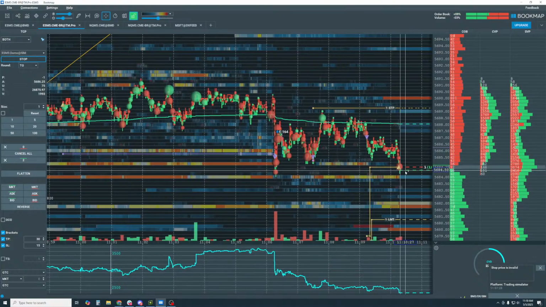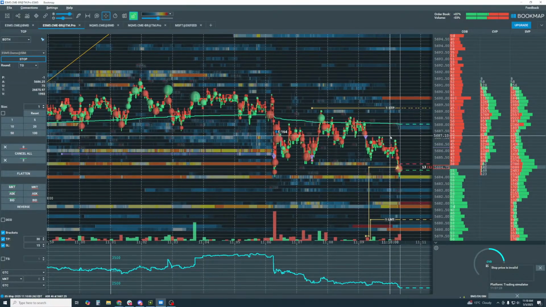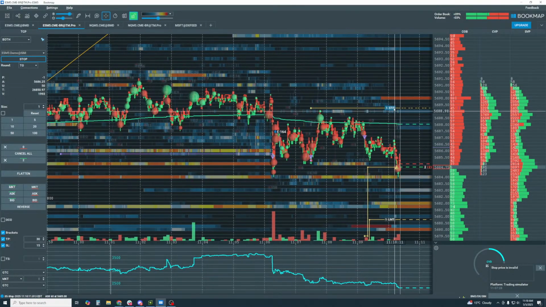Okay, so bottom of the range target is hit, and let's see if we can get continuation out of this.